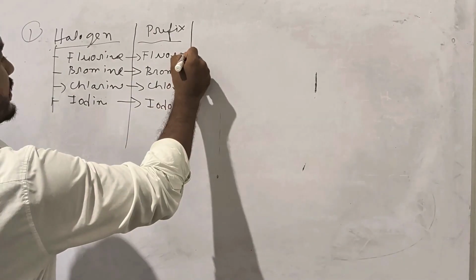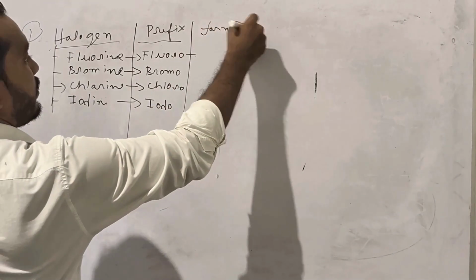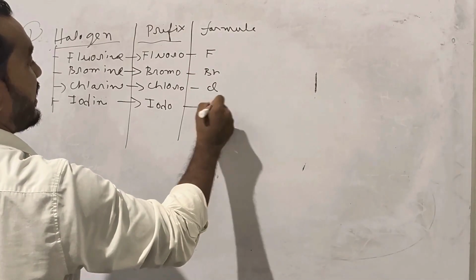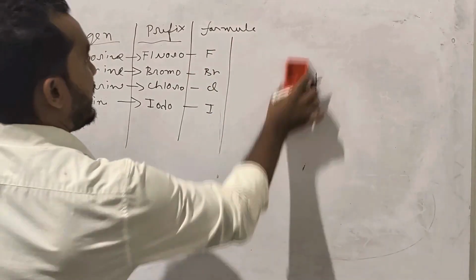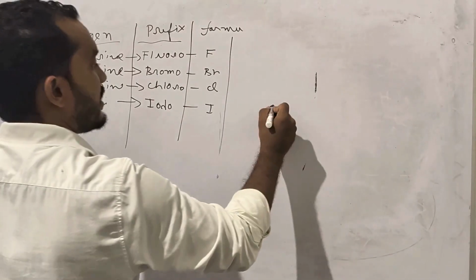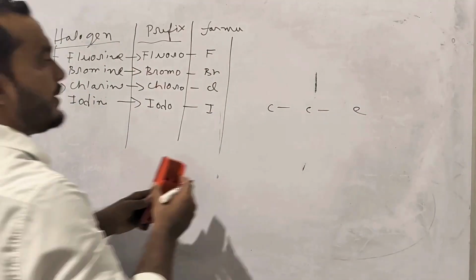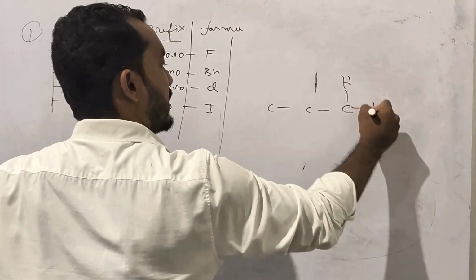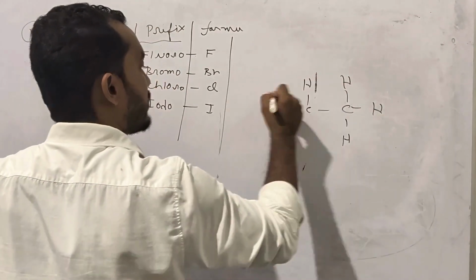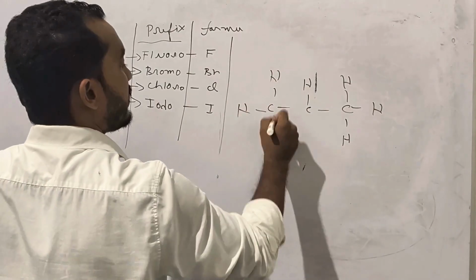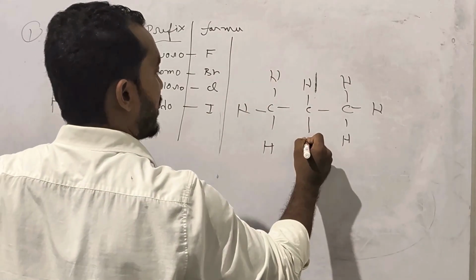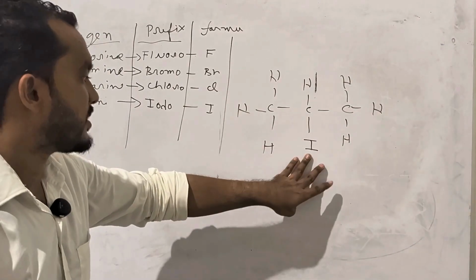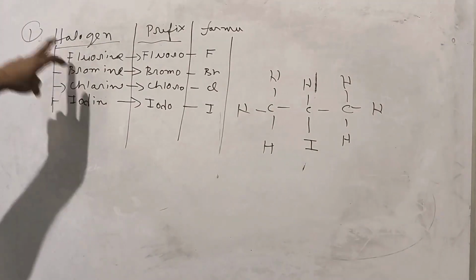And the formulas are F, Br, Cl, and I. That means suppose this is your carbon chain. Here there is hydrogen, here also hydrogen, hydrogen, hydrogen, hydrogen. But if here there is I, this compound falls under the functional group of halogen.